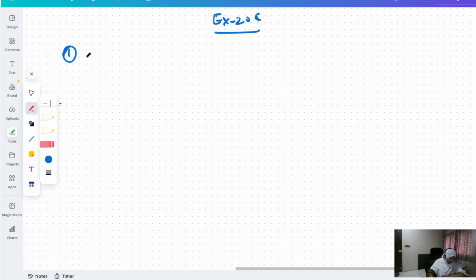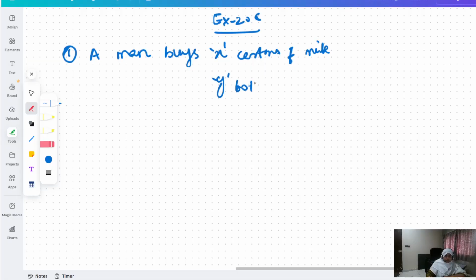A man buys x cartons of milk, and he buys y bottles of water. You have to explain certain things, so we will go one by one.